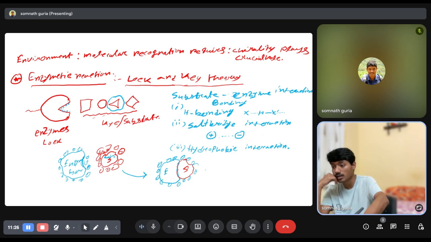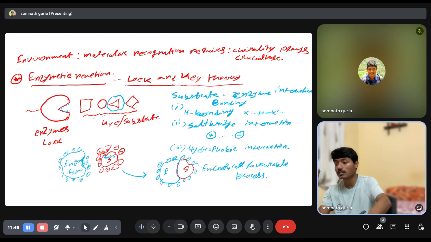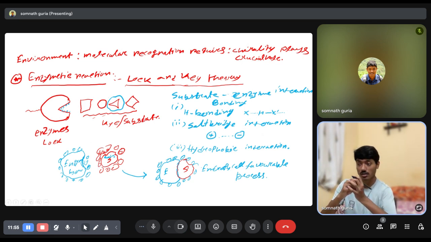It is an entropically favorable process. This hydrophobic group can combine together, and the water molecules surrounding it are released, which becomes an entropically favorable process.